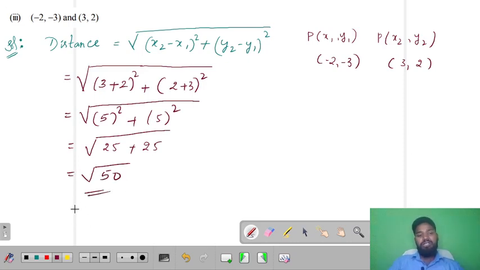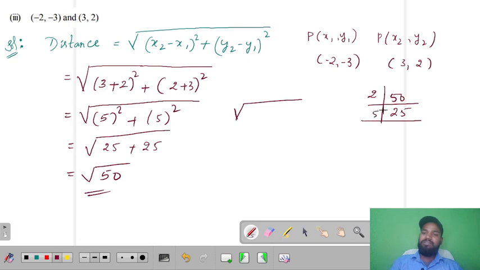If you want to make it simpler, what should you do here? You can just factorize the 50. 2 times 25 is 50, and 25 is 5 times 5.